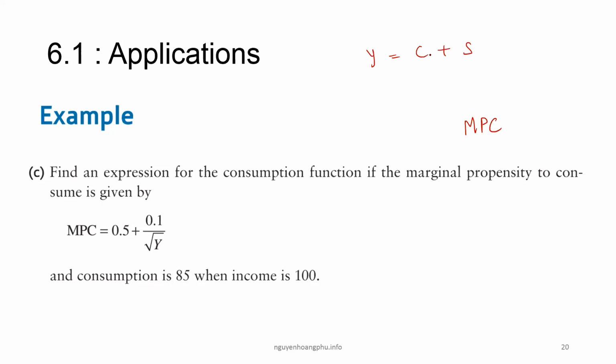So income is a function of C and S, in which C is also a function of Y and S is also a function of Y. And we have dY equal to dC by dY plus dS by dY. Therefore, we will have 1 equal to MPC plus MPS, right?